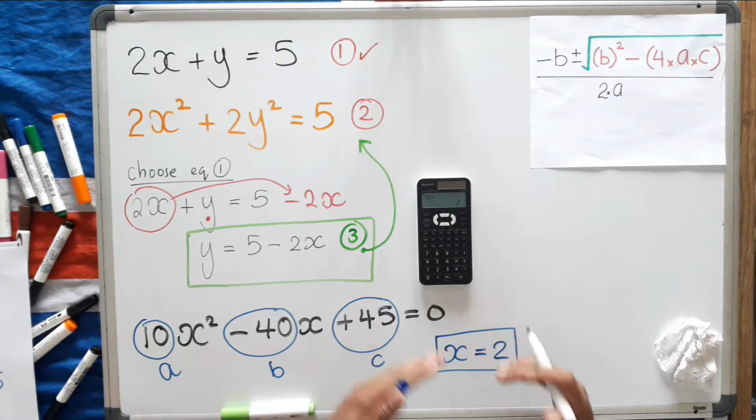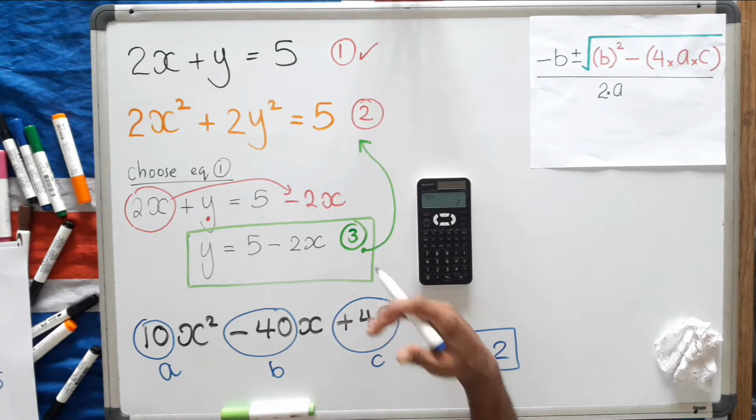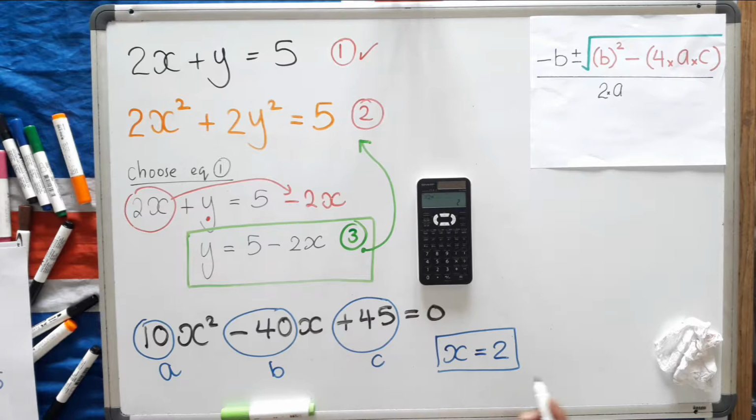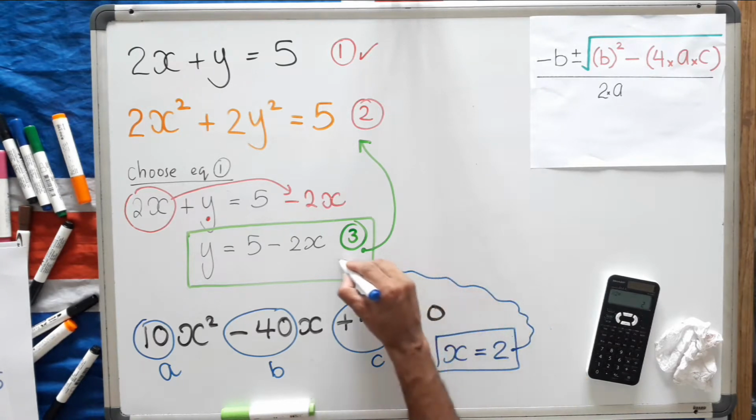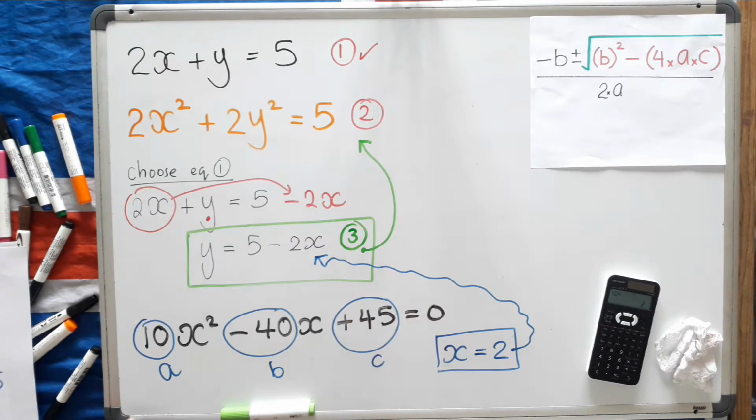Now, if we only get one answer for x, that means we're going to get one answer for y. So how do you get the value of y? Remember, the aim of a simultaneous equation is to solve for x and to solve for y. So I always tell my students, once you get the value of x, you run back to equation 3, your most important equation.